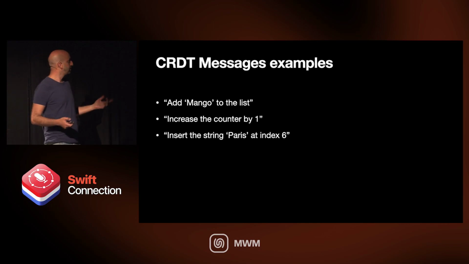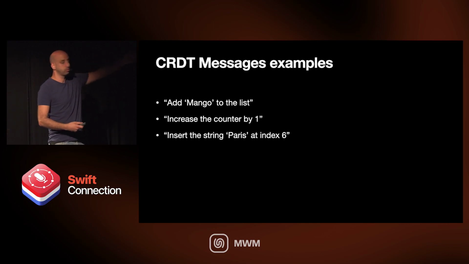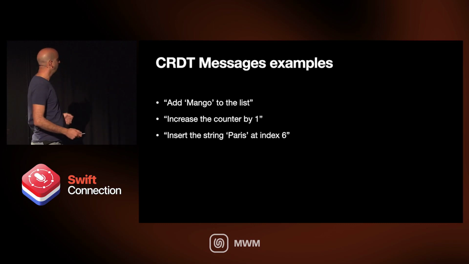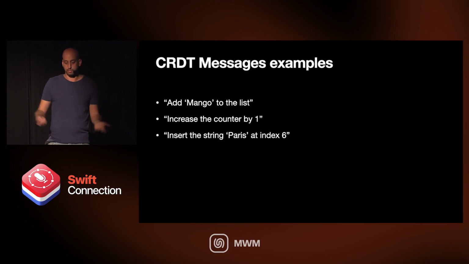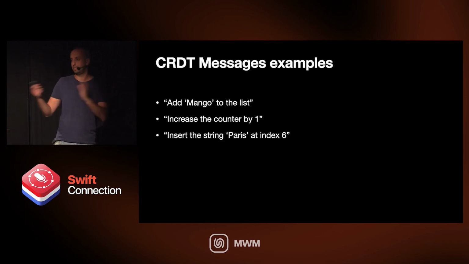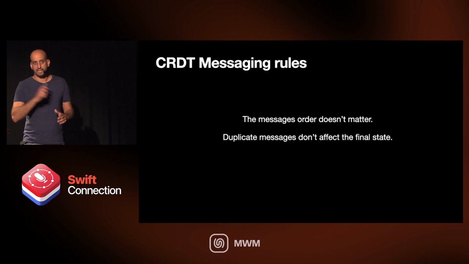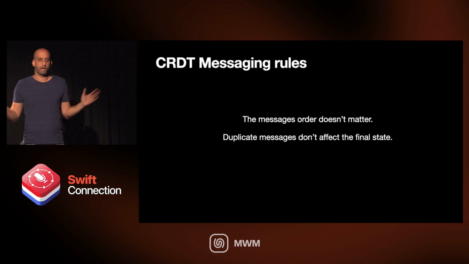For example, instead of sending the list of fruits, we just send a message, add a mango to the list. And instead of sending the number of claps, we just send a message, increase the counter by 1, or add string pairs to index 6. And CRDT has two rules. The first one is we don't care about the order of the messages.